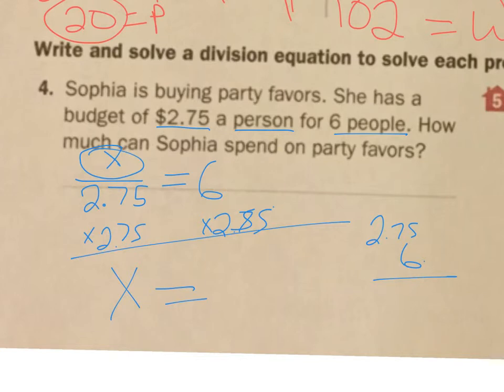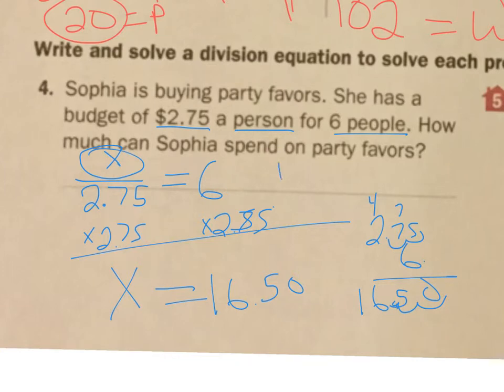So 6 times 5 is 30. 6 times 7 is 42, plus 3 is 45. 6 times 2 is 12, plus 4 is 16. So $16.50. I think she can spend $16.50.